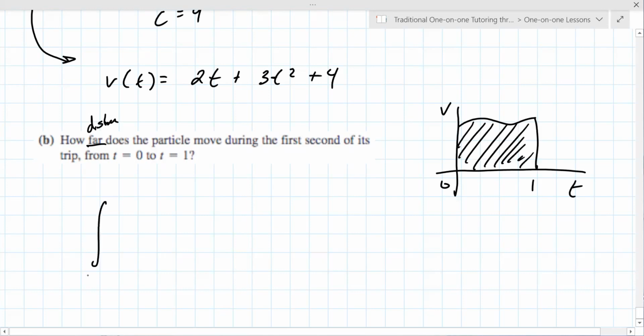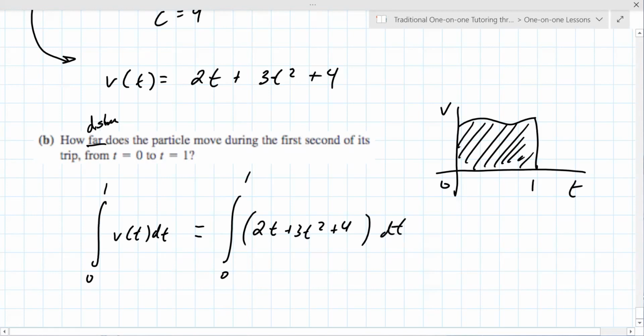So it's the integral from 0 to 1 of v of t dt. So for us, that means the integral from 0 to 1 of 2t plus 3t squared plus 4 dt.